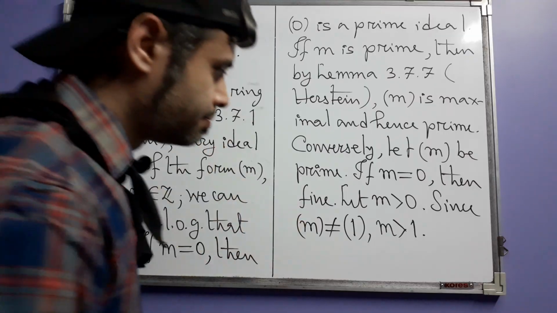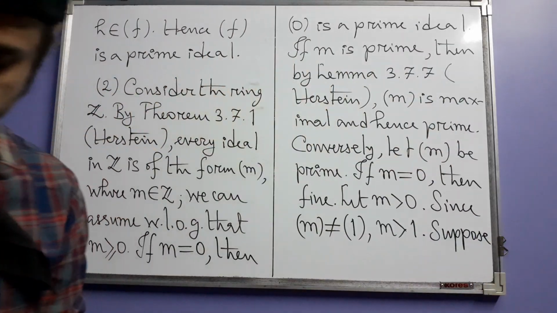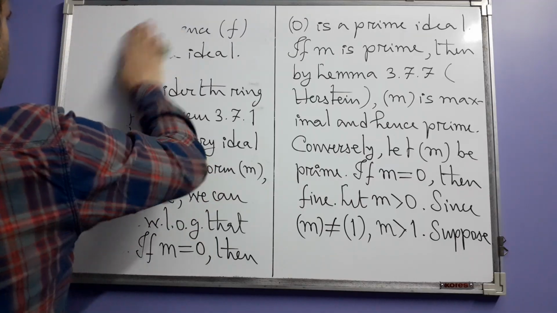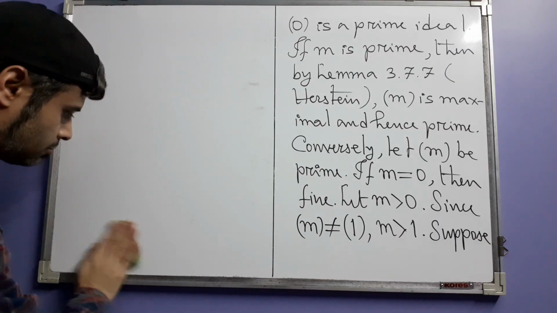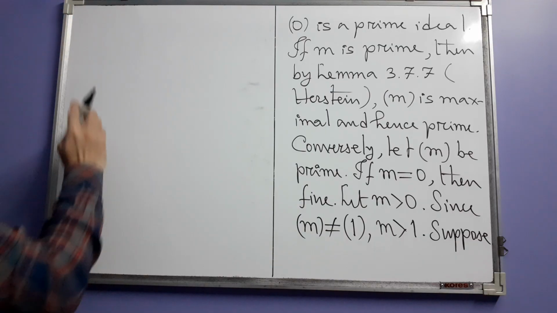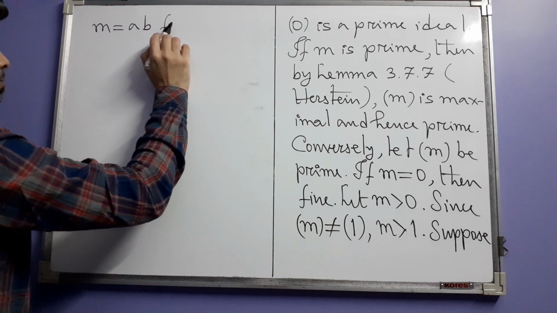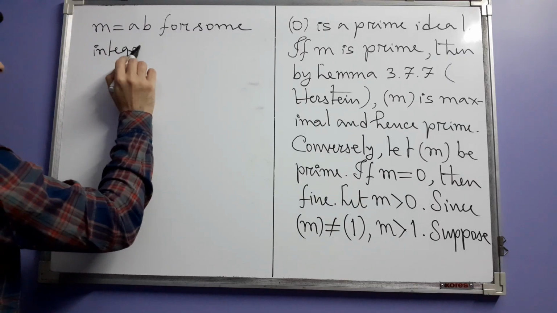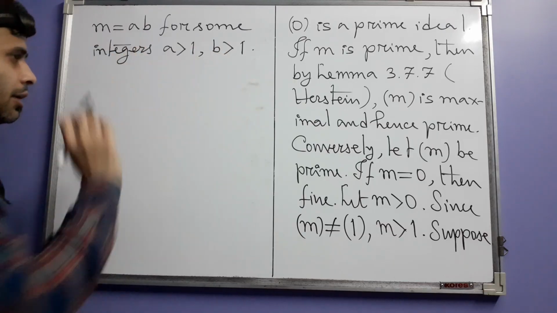Say that is not true. Suppose m is composite, then m is a product like this for some integers a and b, both of which are greater than 1.